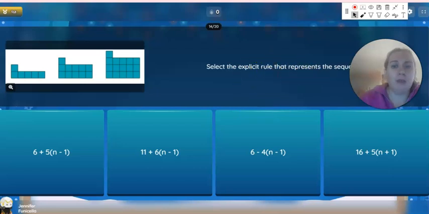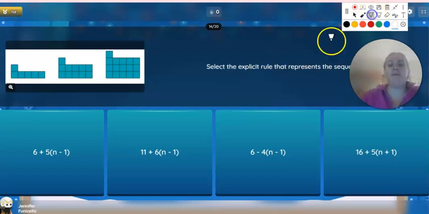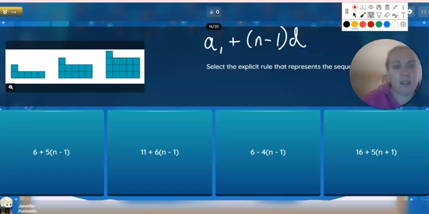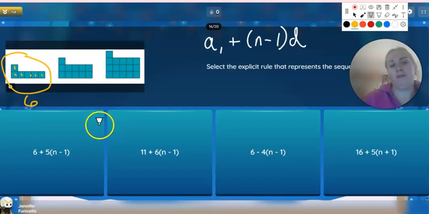14, select the explicit rule that represents the sequence. So we want our first term plus n minus 1 times the difference. So our first term, we have this figure with 1, 2, 3, 4, 5, 6 cubes. So I want that 6 in the front.